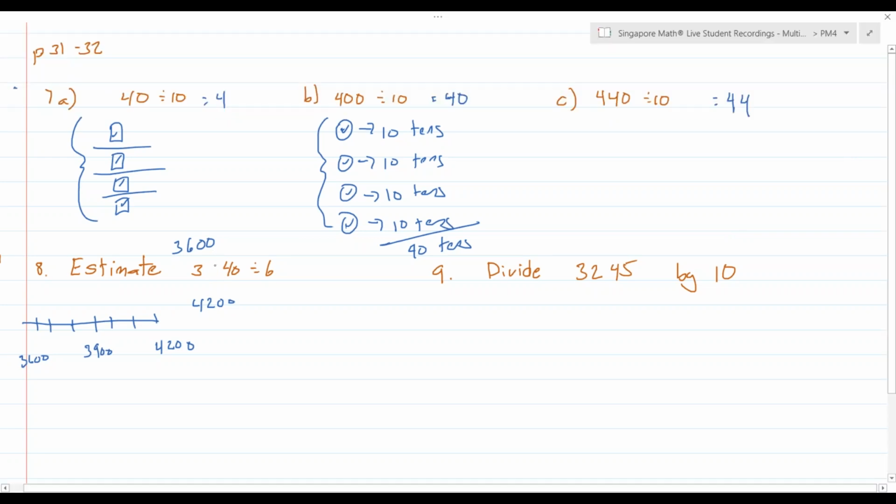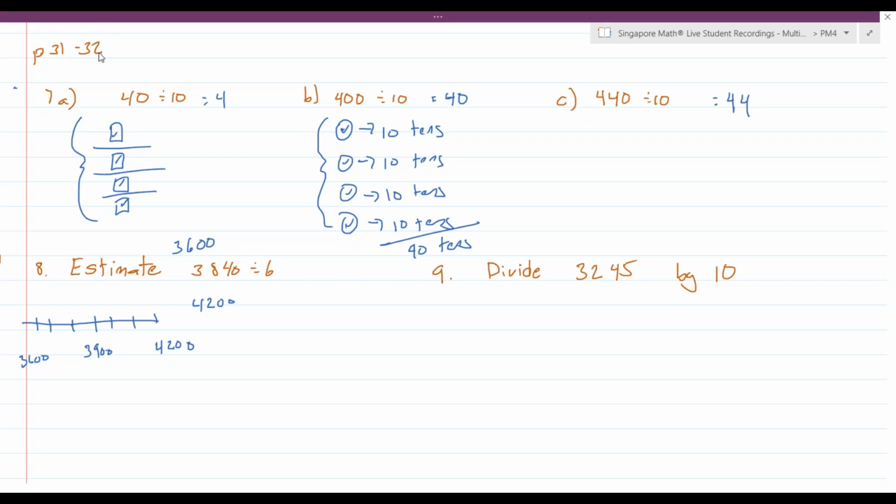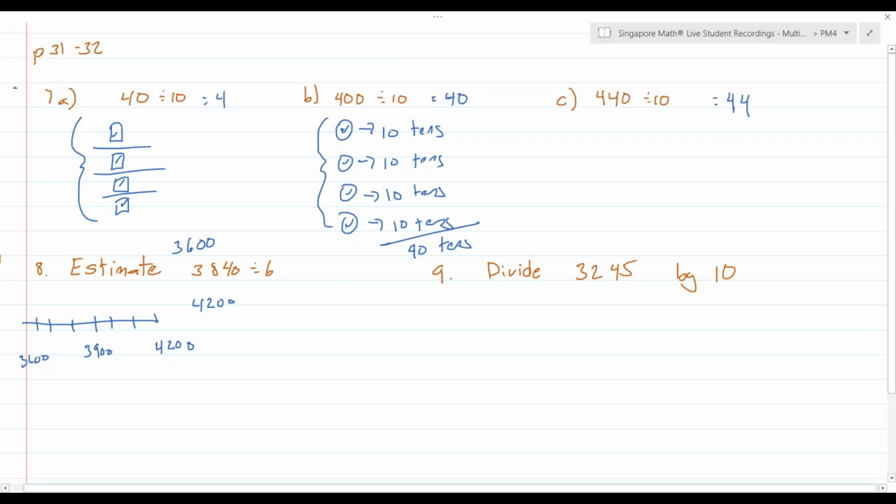So let me see if I can correct myself here. I was thinking that 38 was halfway between 36 and 42, and it's not. If I draw out the picture and I see 3600 and 4200, halfway in between is 3900. So 3840 is closer to 3600.